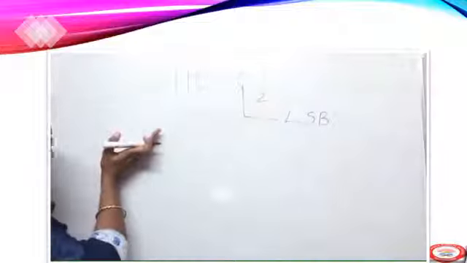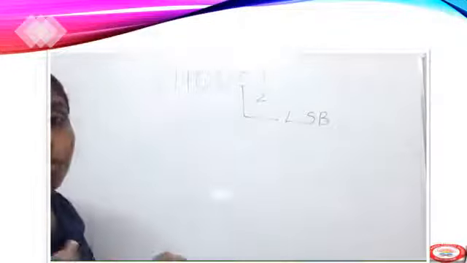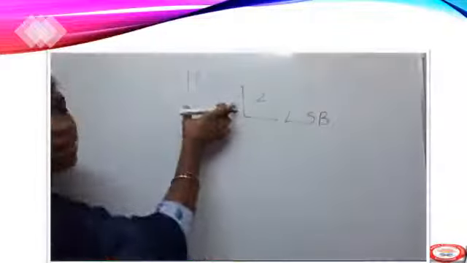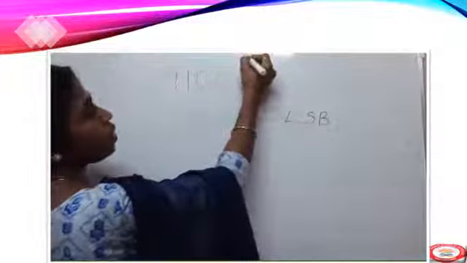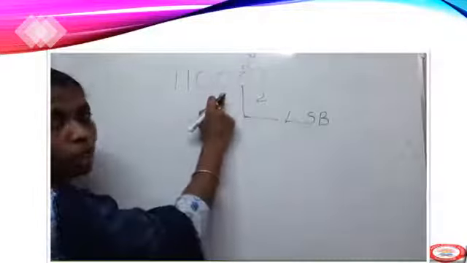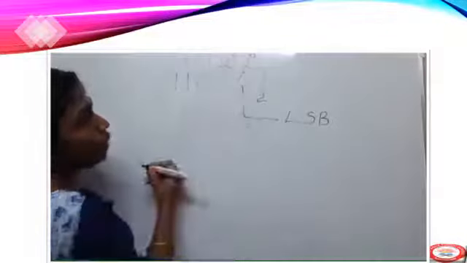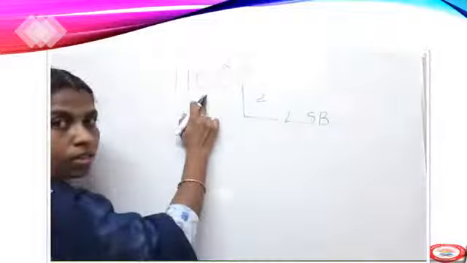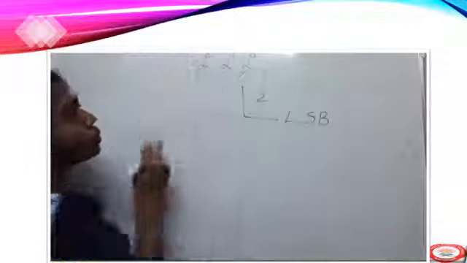Then the next step is, we have to find out the place value of this binary number. What is the place value of this 0? That is equal to 2 to the power of 0. Then what is the place value of this 0? That is equal to 2 to the power of 1. Then what is the place value of this 0? That is equal to 2 to the power of 2.